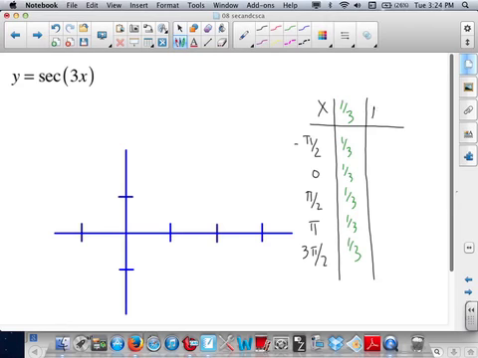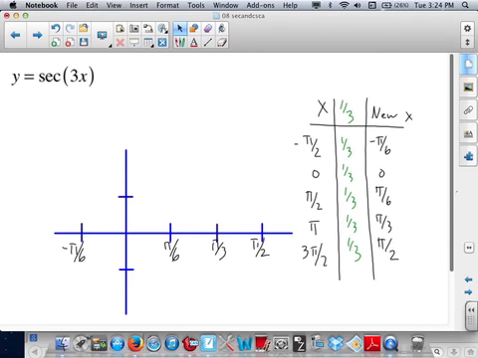Now I'm going to get my new x values. Multiply across: negative pi over 6, 0, pi over 6, pi over 3, and actually that would be 3 pi over 6, which would reduce to pi over 2. So I'm going to put on my new x values, negative pi over 6, 0 is still on there, pi over 6, pi over 3, pi over 2.